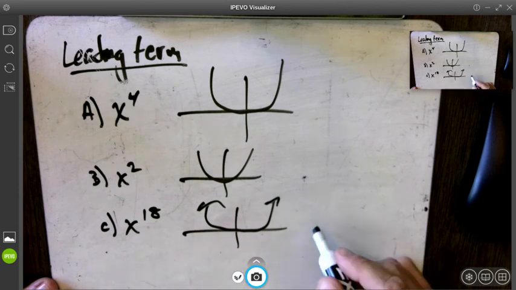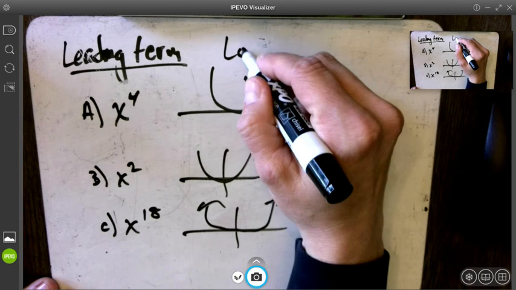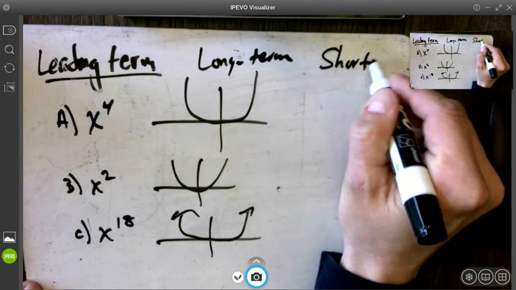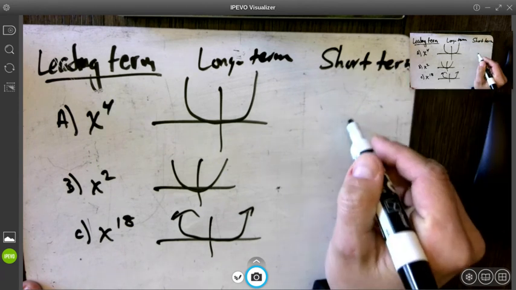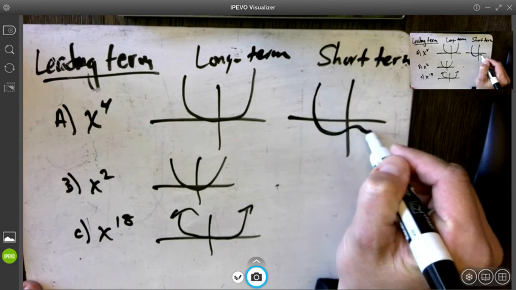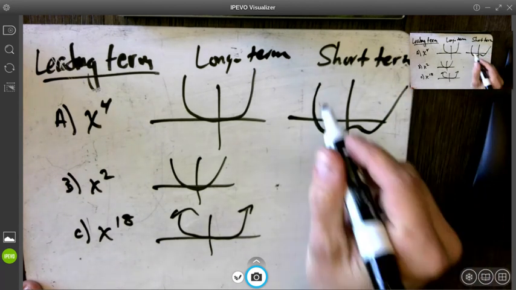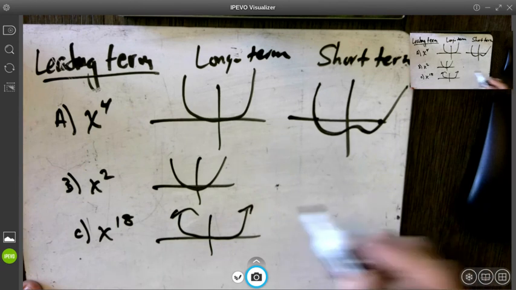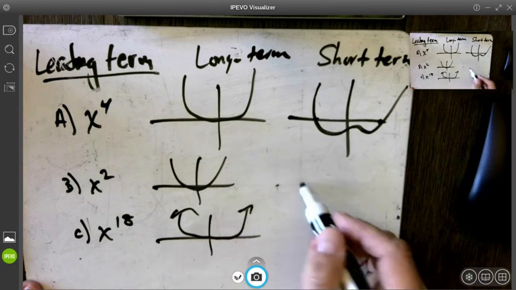Well, basically, these are all long terms. If we're going to go short term on this bad boy, you might have a graph that does this. All right? Overall, same general shape, same U shape, but maybe it has some turns in it. X squared is going to look like x squared, so I'm going to skip that one.